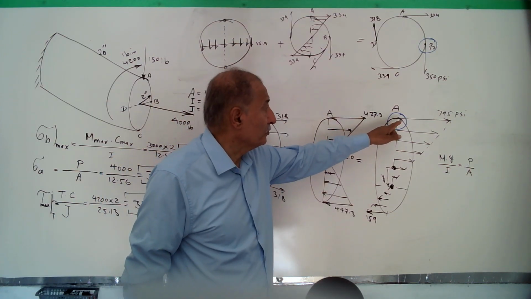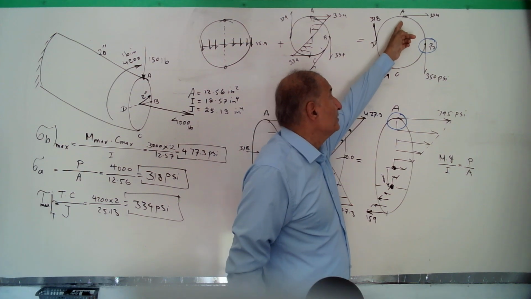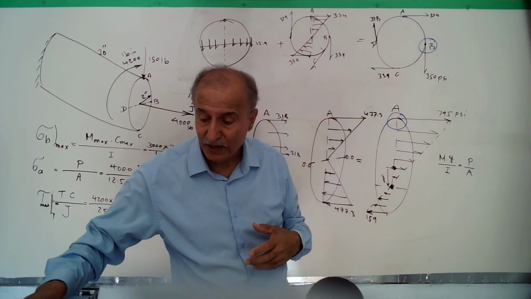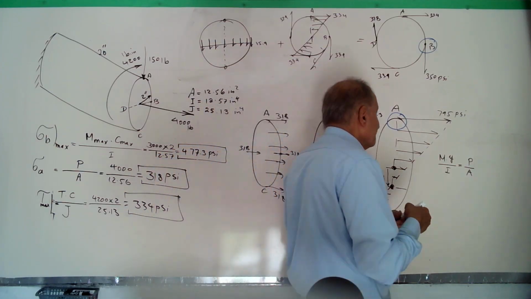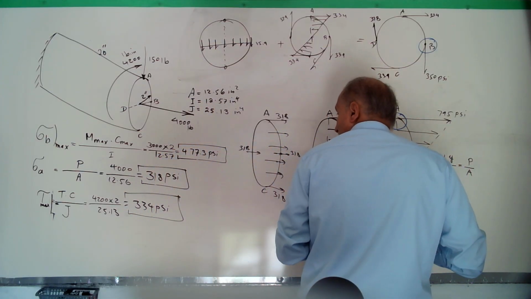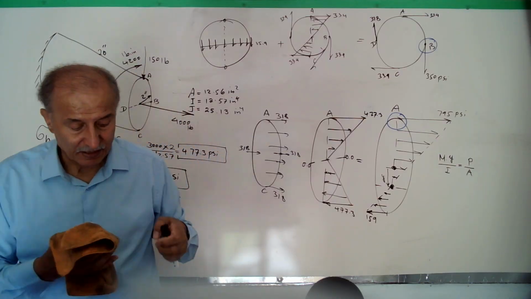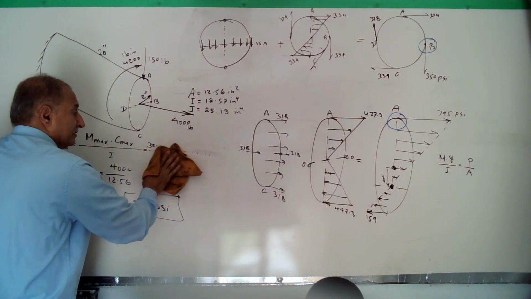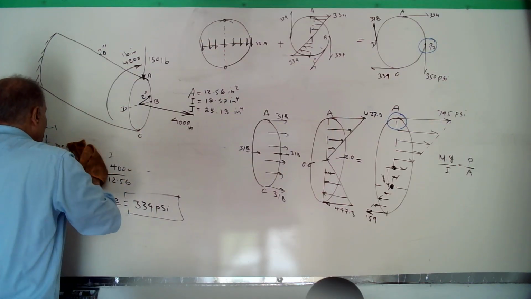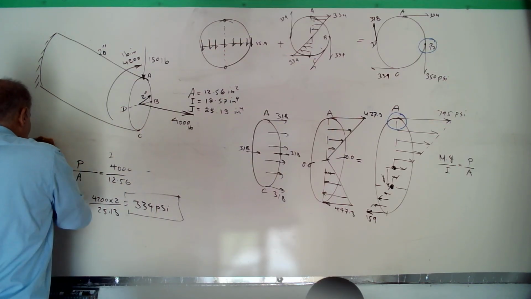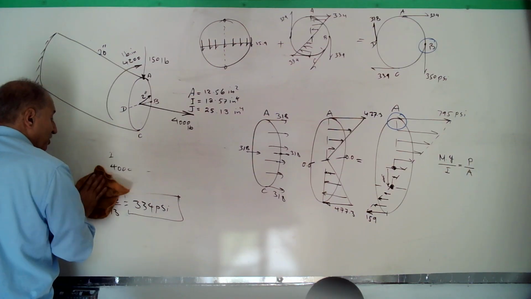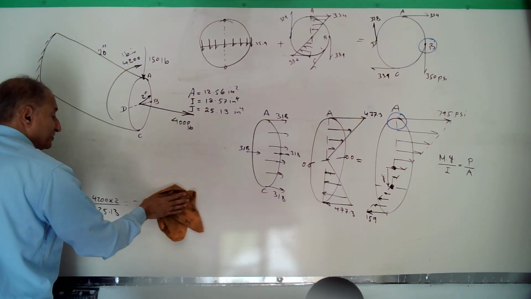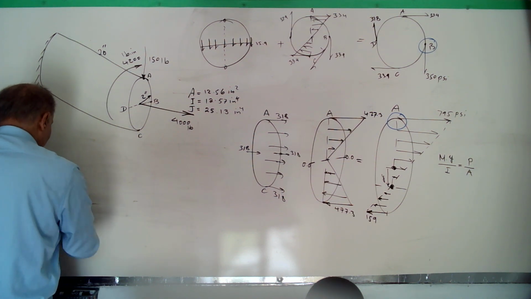At point A, we have normal 795 and shear 334. If I wanted to show both in a three-dimensional case, I can use here... In this video, I just write down these values of stress in order to draw the Mohr circle in the next video.